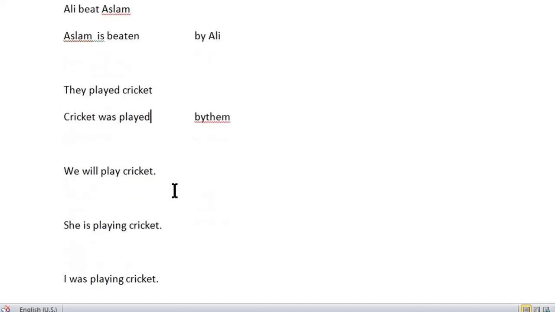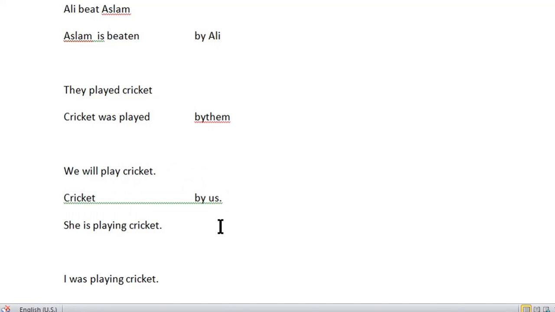Next we have the future indefinite tense. Here we have the subject "we" and cricket as the object. So cricket comes over here on the left side, "we" will change into "us", and we need to add "by". Now we have to change the helping verb and the main verb.